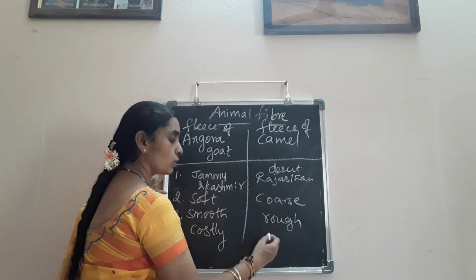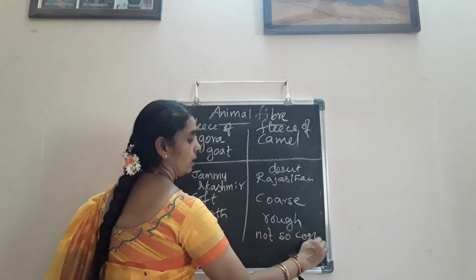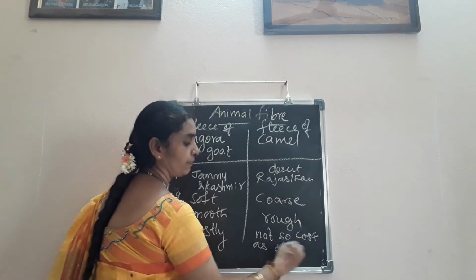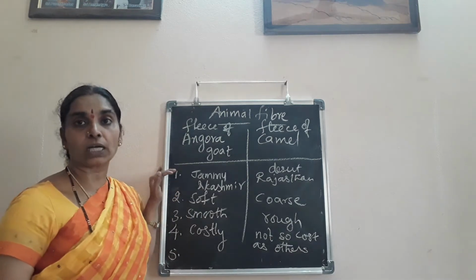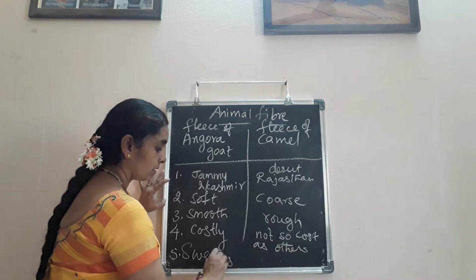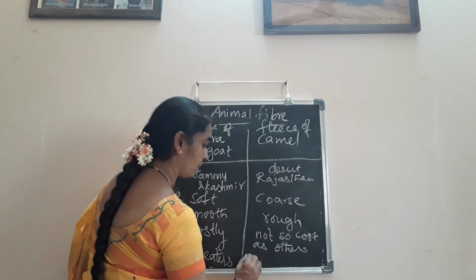And here it is not as costly as other fleece. Is it clear? Next, the fleece of Angora goat is generally used to make the sweaters that we wear. And the fleece of the camel is used to make stockings and mufflers.